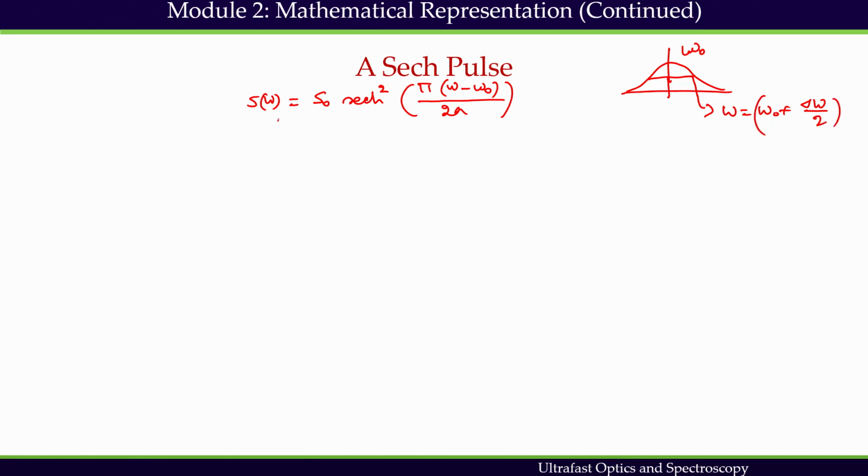So I can write down S naught divided by 2, half of its maxima, we obtain when omega equals omega naught plus delta omega by 2, which is nothing but S naught times the square of this hyperbolic function.